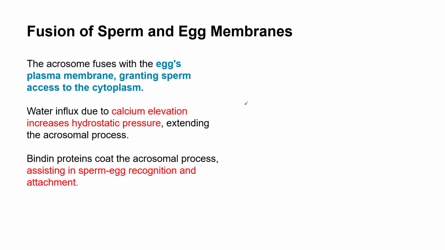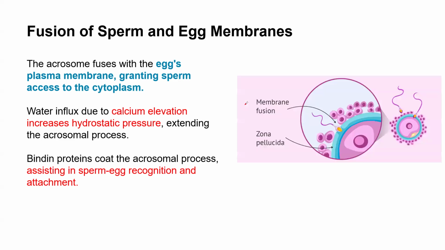So this actually assists in sperm and egg fertilization, because when sperm is released, the egg is there in the uterus, so there must be a form of cellular recognition. How the sperm cell and egg cell will recognize themselves and then attach is through this binding protein cord. They are called binding protein cord. So this is what happens. So this is membrane fusion, and we have the zona pellucida, and we have the sperm cell entering the egg.